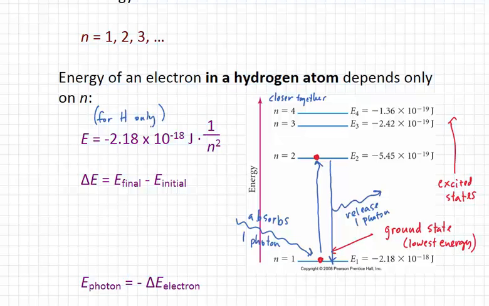But here, energy is minus 2.18 times 10 to the minus 18 joules times 1 over n squared, where n is that principal quantum number. So we just plug in the principal quantum number. That tells us the energy of any of these particular levels. We could try it for n equals 3. That would be the answer we would get out. You could try it for n equals 10 or whatever. We will notice, however, that they get closer and closer together the higher that n becomes.